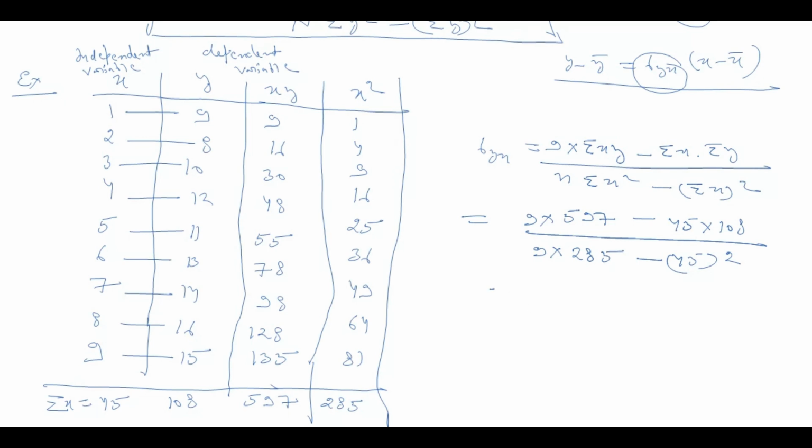If you solve this, it will come out to be 0.95, right? If we put this value in this equation, the y minus y bar, which will be, our 45 by 9.